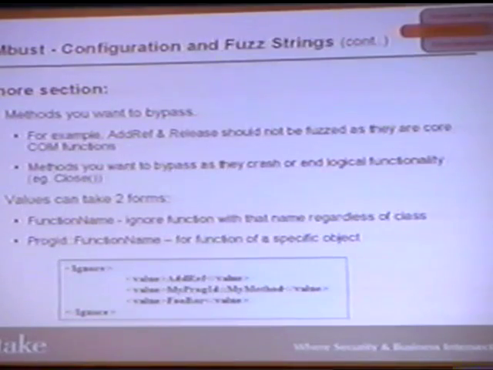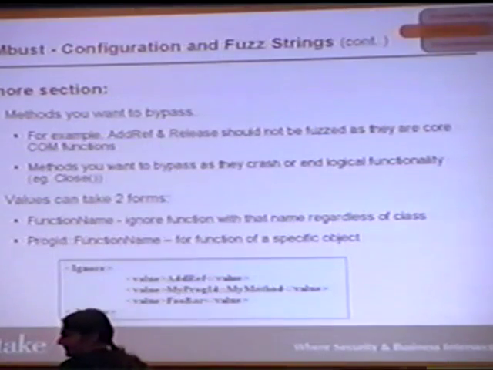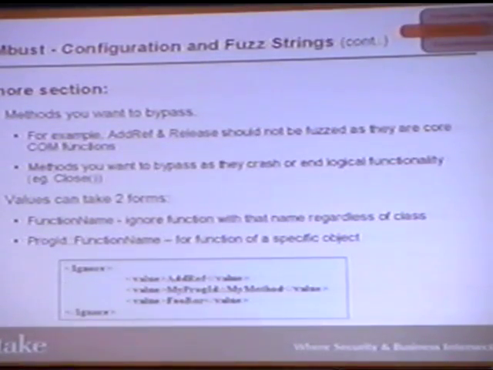Other methods are crashing or behave badly, so you want to avoid them so that you can get to the rest of the COM object. And finally, some of them don't make sense to be called first. Close, for example, in the case of an XML document object, pretty quickly stops your fuzzing session.